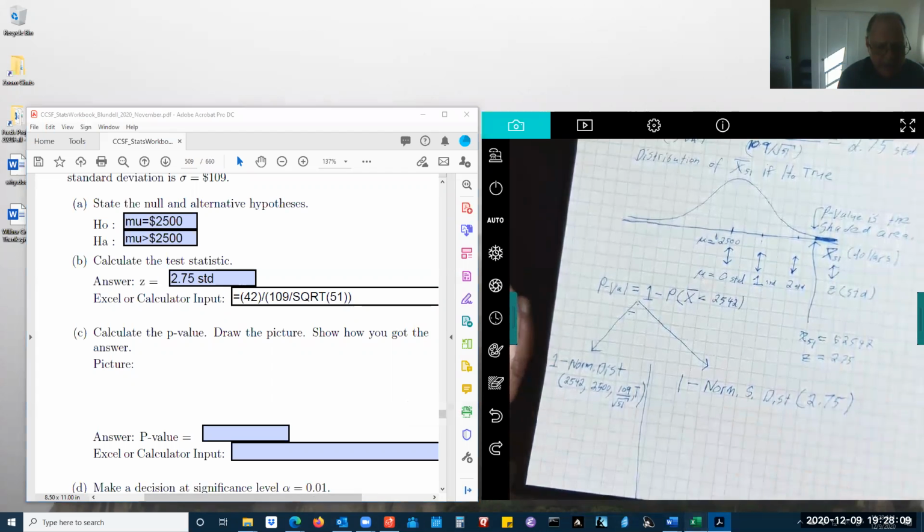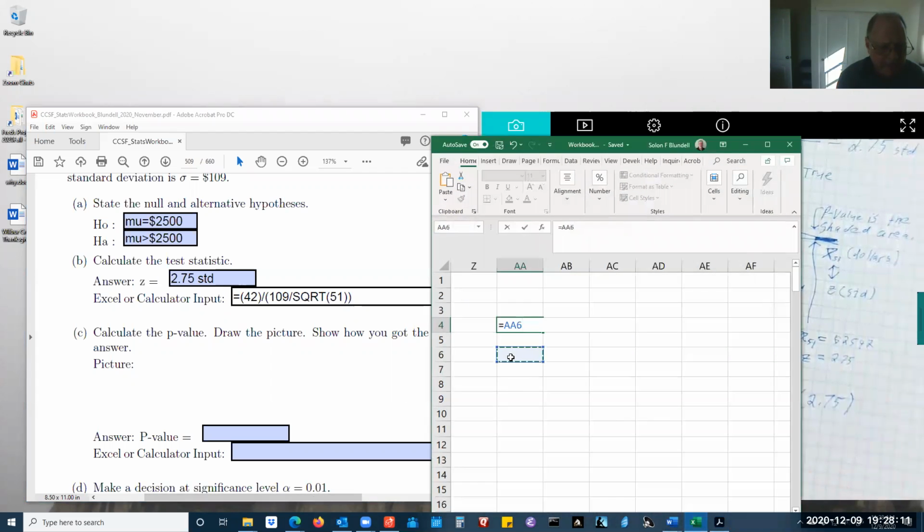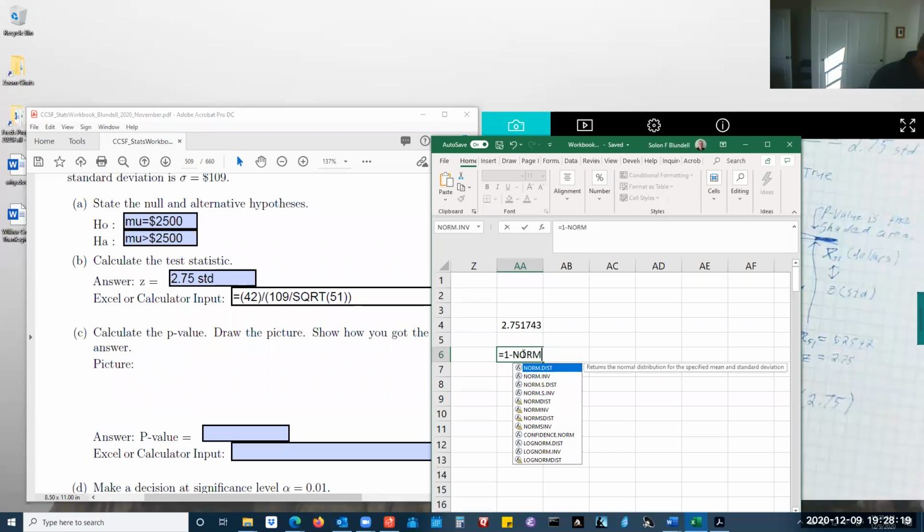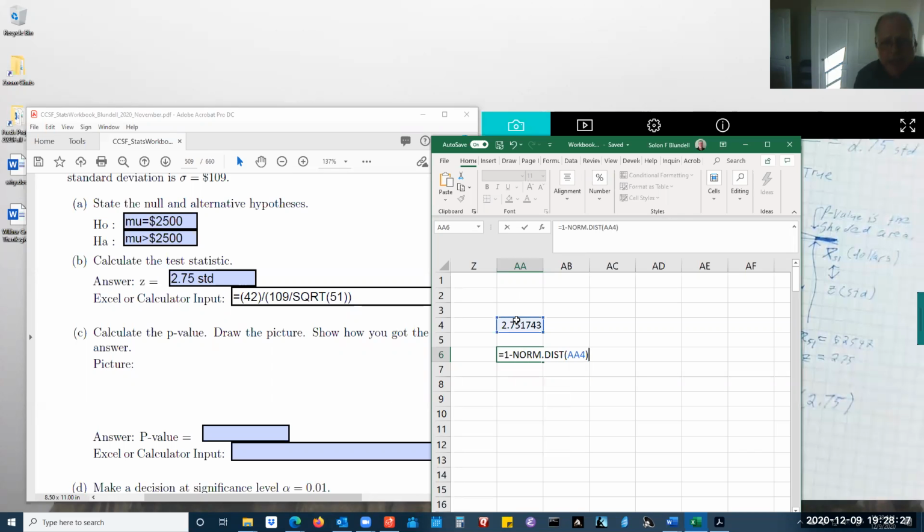So let's put that in Excel. Equals 1 minus norm dist of this guy. And you see, when I'm using Excel, I rarely type any numbers. I click on the cells that I've already got, because then I get all the digits.